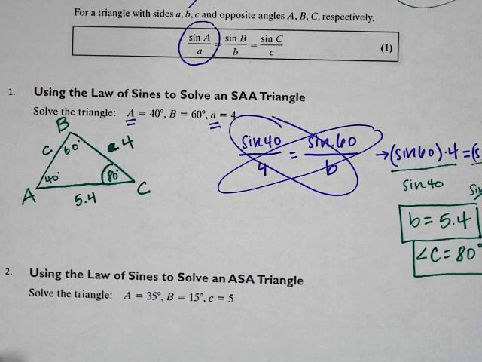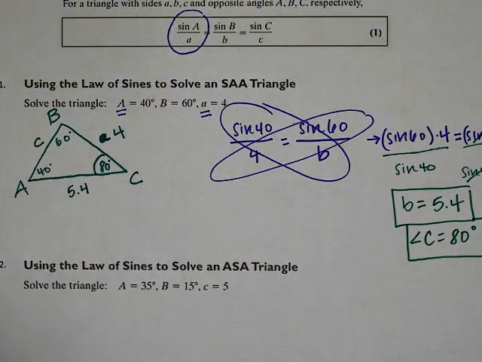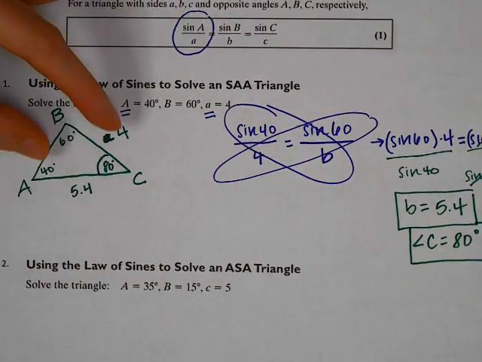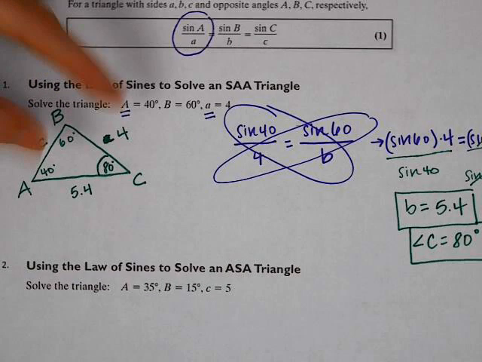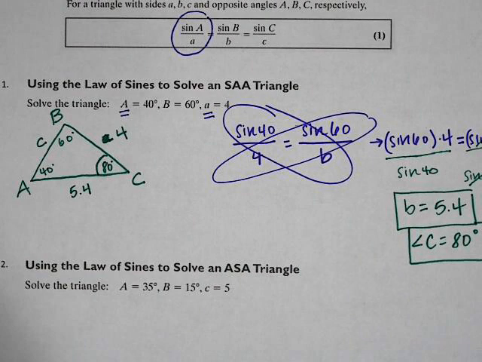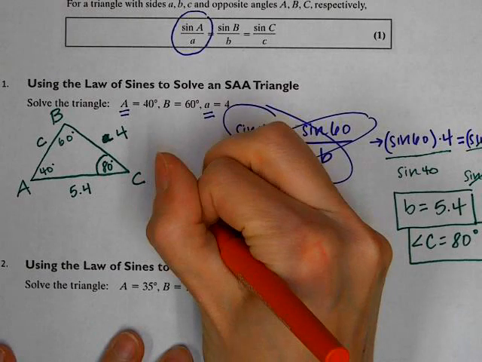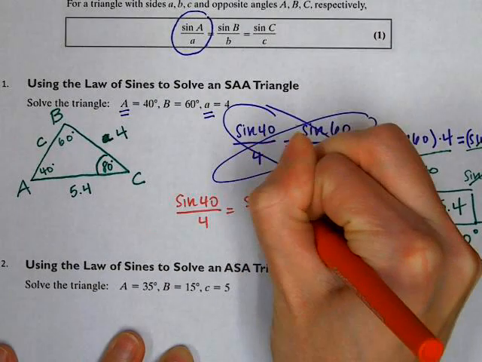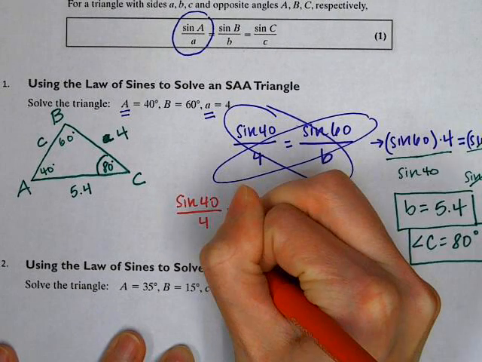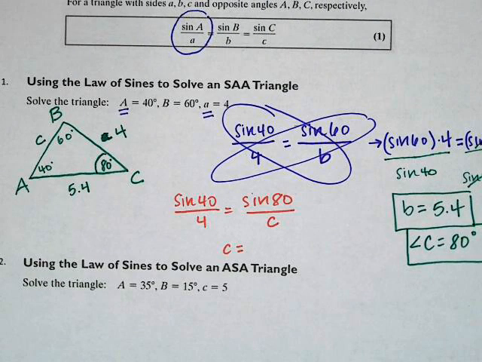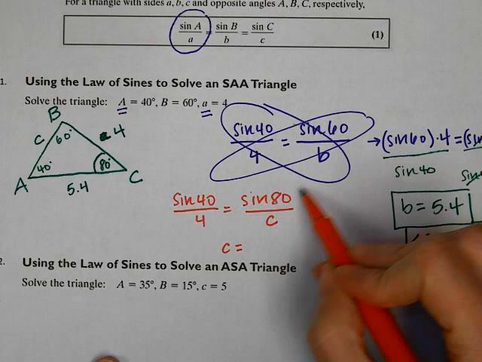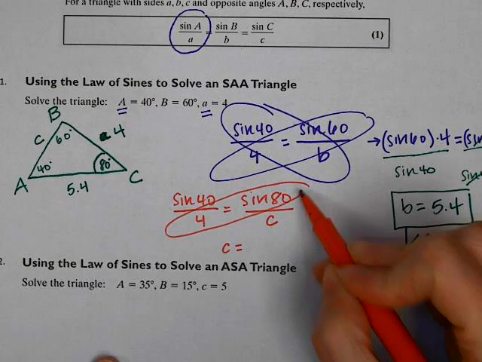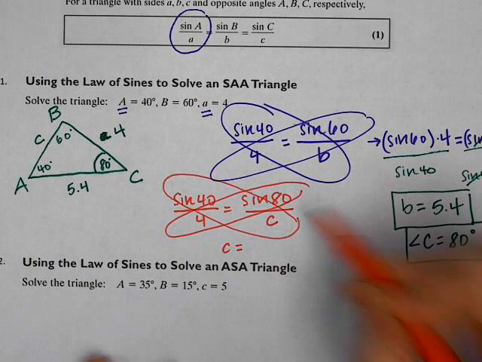So we're going to do law of sines again. I'm going to stick with the A's since those were the givens. And then I'm going to use the C's. All right, so let's do it again. We're going to do sine of 40 over 4 again equals sine of 80 over C now. So again, we're going to cross multiply here, but then we're going to end up dividing here.